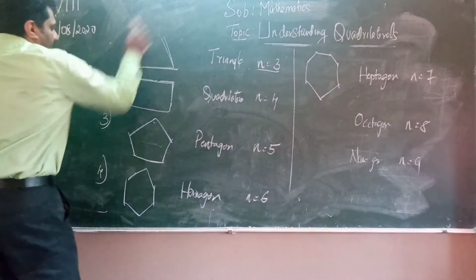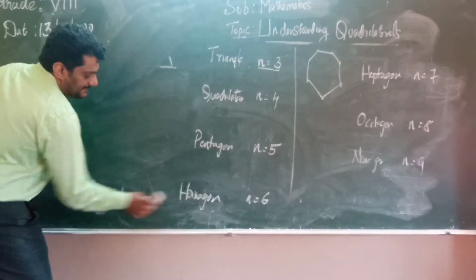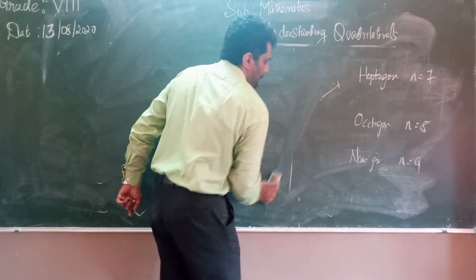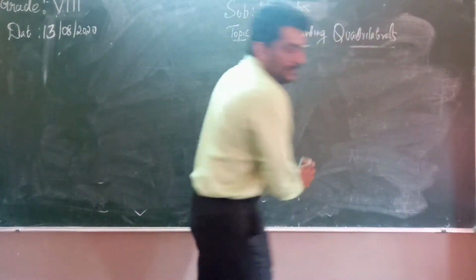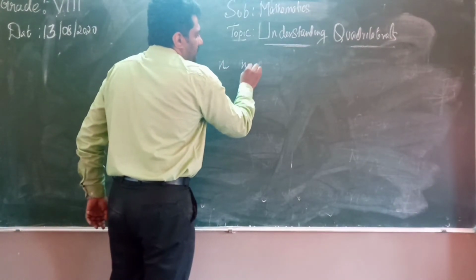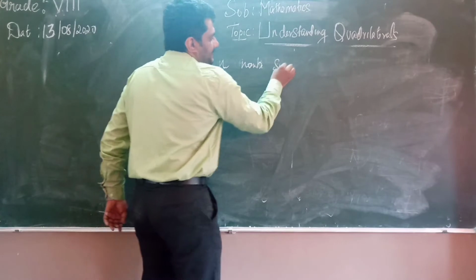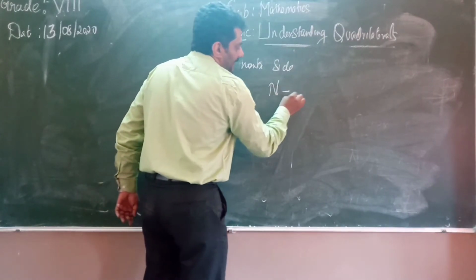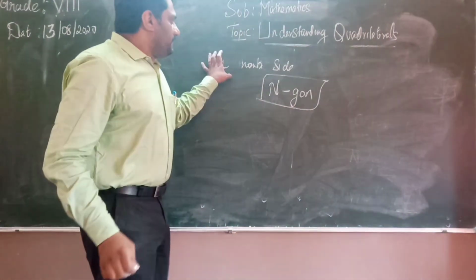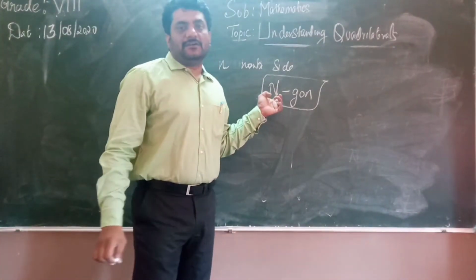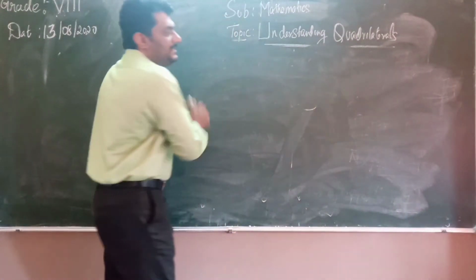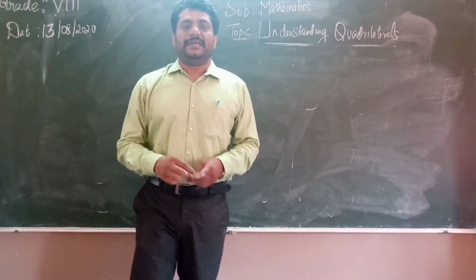Now, if I have n number of sides, it will be called an n-gon. Okay? If the number of sides is n, then it will be called an n-gon. Now I'm sure you should have understood the different types of polygons which we have.